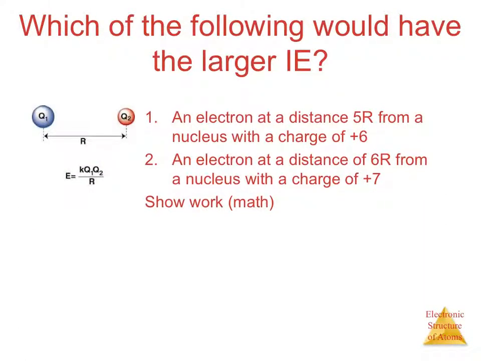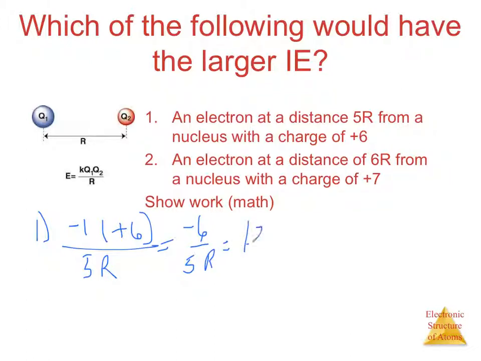All right, so let's take a look at this one. Go ahead and show the math, figure out which one is going to have the higher ionization energy. Okay, for number 1, it's going to be an electron, -1, times a +6 nucleus charge, over 5R. That's going to be -6 over 5R, which comes out to be 1.20 over R. If I look at the second one, it's going to be a -1 charge times a +7 charge over 6R.